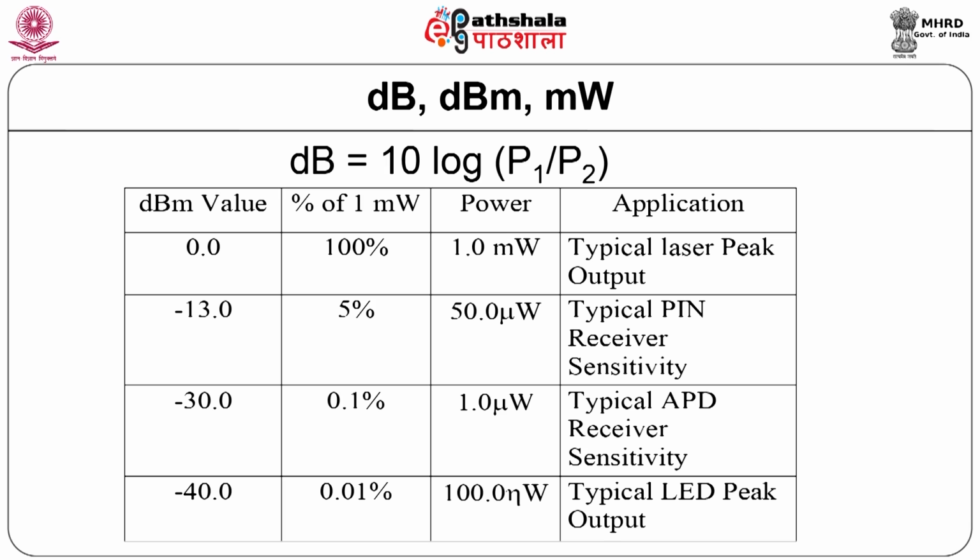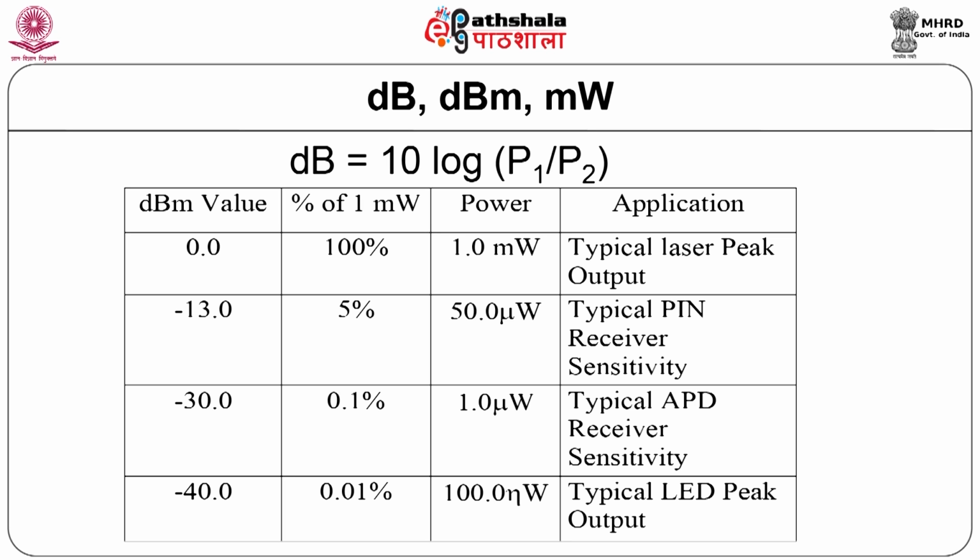Generally, this power is expressed in dB or dBm or microwatt. This dB is equal to 10 log to the base 10 of P1 upon P2. So if the dBm value is 0.0, percentage of 1 milliwatt is 100. Power 1 milliwatt, and it is generally used in laser peak output. It is a typical laser peak output.